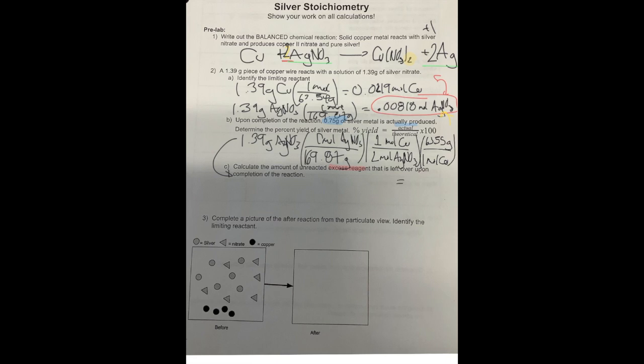Okay, so let's plug that in. Okay, and we find that it is 0.26 grams of copper is what reacted. So to find what is left over, we just take our initials. We're going to take our 1.39 and subtract how much did react.